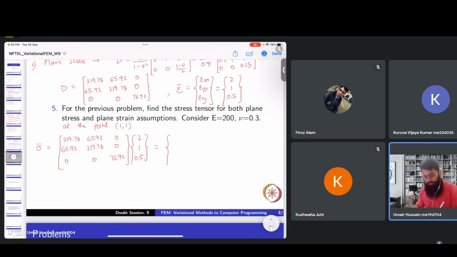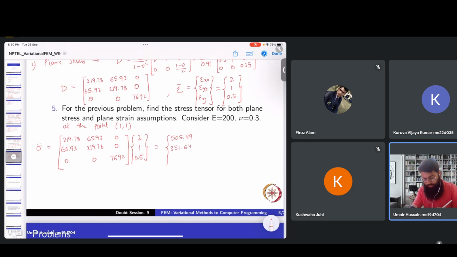So we have 505.49, and we have 65.93 into 2 and 219.78 into 1, and the third term is again 0, we get 351.64.